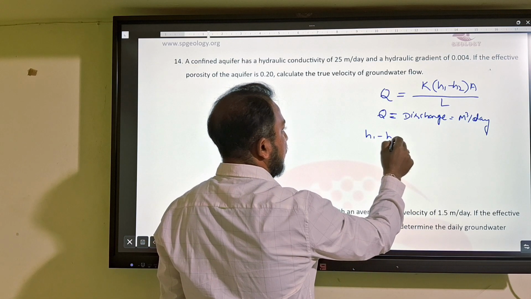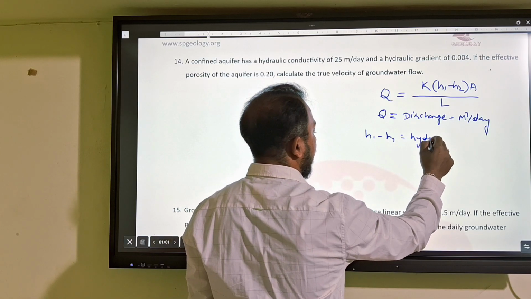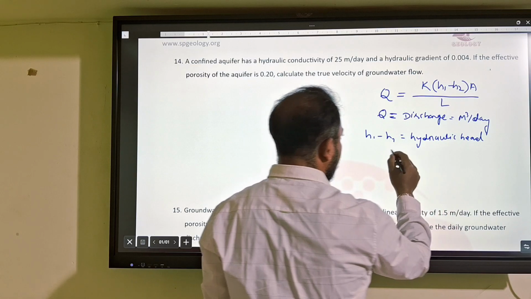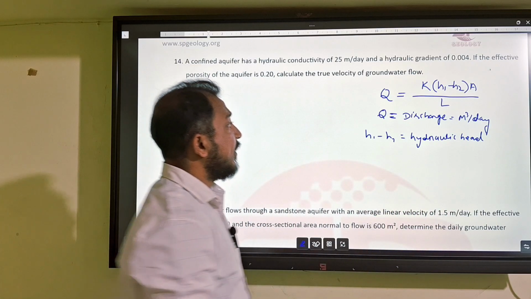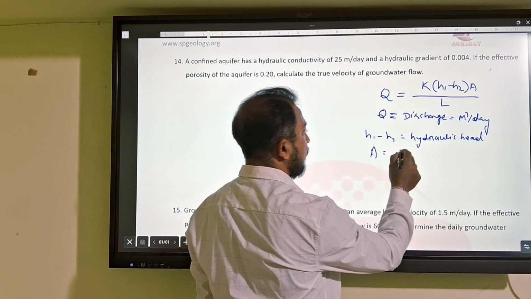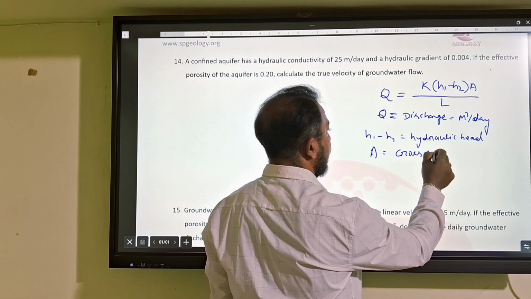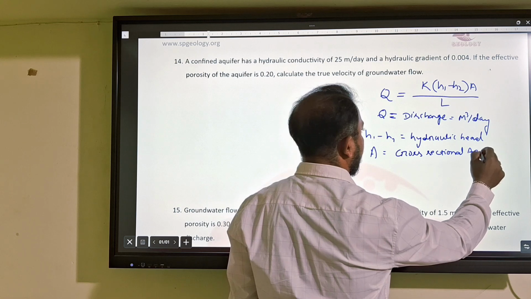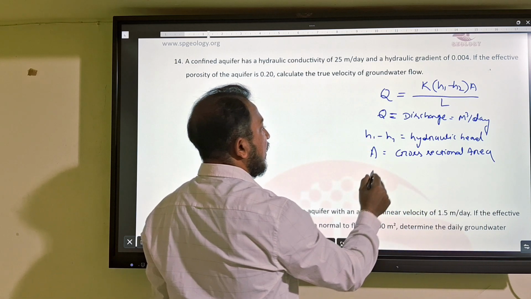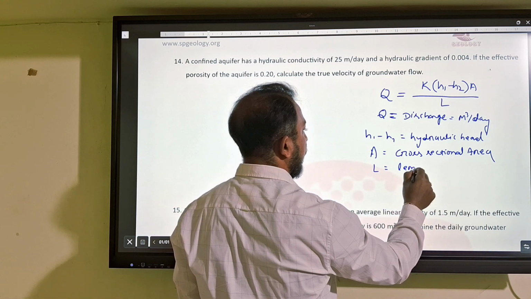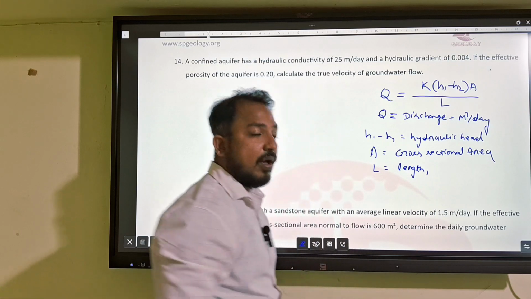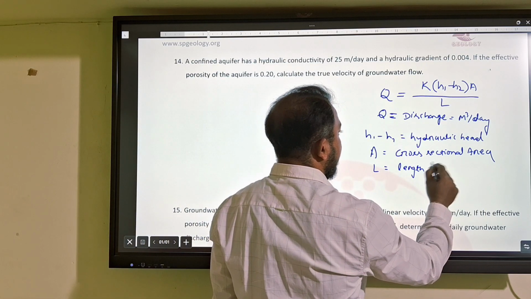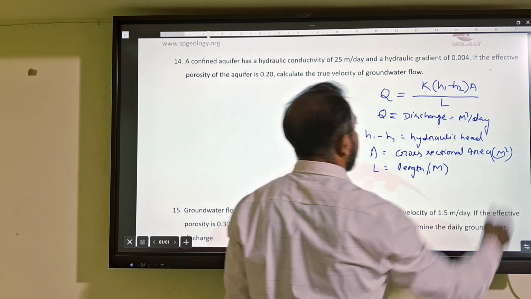Then H1 minus H2 is called the hydraulic head, simply you can say delta H. Then A is your cross sectional area, then L is your length or distance between the aquifer. So it is in meter, and A is in meter square.